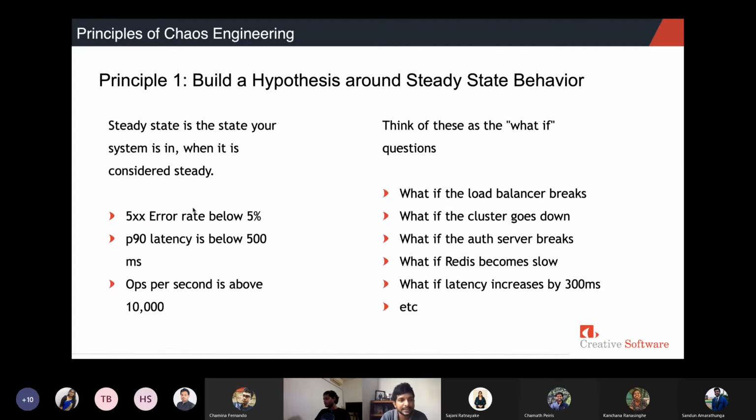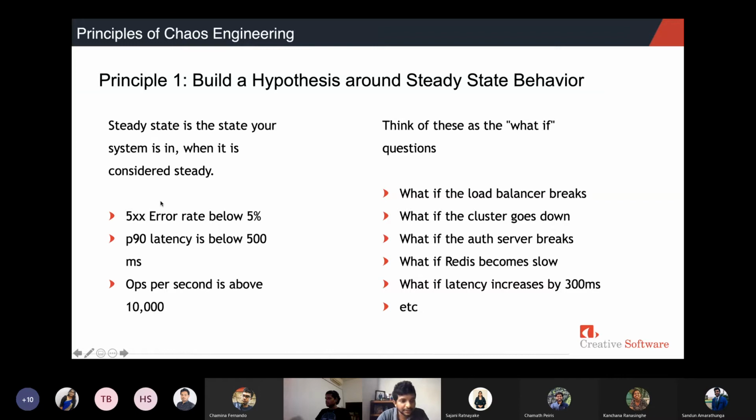If we look at principle number 1, this is building a hypothesis around the steady state behavior. On the left side, as you can see, the steady state is the state your system is in when it is considered steady. Let's say you have a certain set of users using your system, and your system is performing as expected. You are happy, the users are happy. You can consider that the steady state of your system.